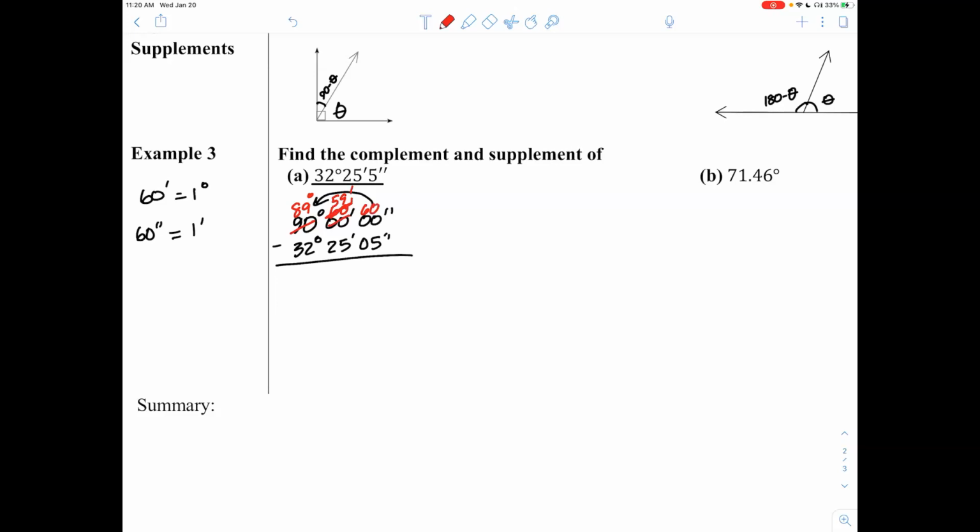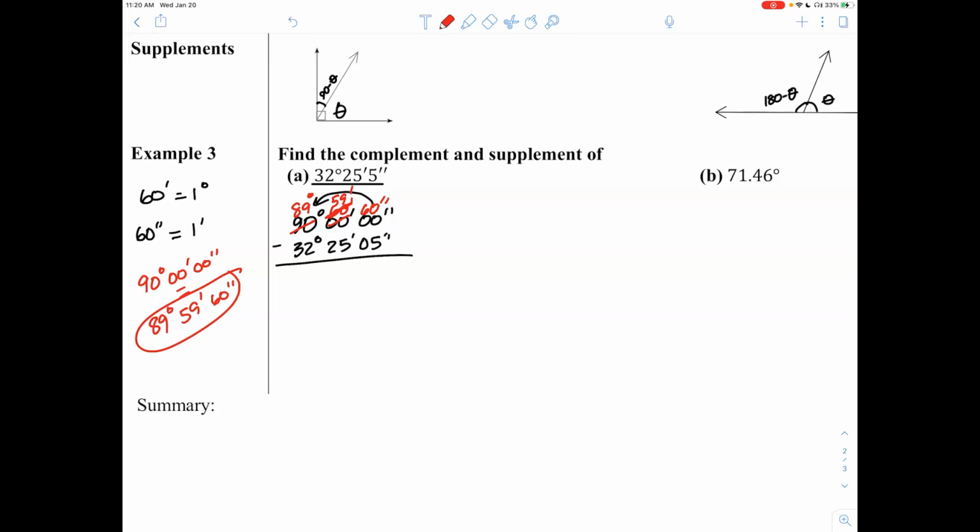That allows me to use 60 seconds. So you could write that 90 degrees, 0 minutes, and 0 seconds is equivalent to 89 degrees, 59 minutes, and 60 seconds. That way, when you go to do this math, you can use this form, so the subtraction will go a bit faster.